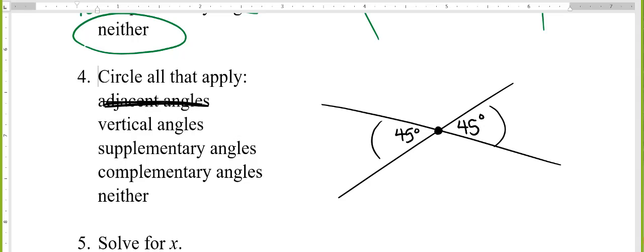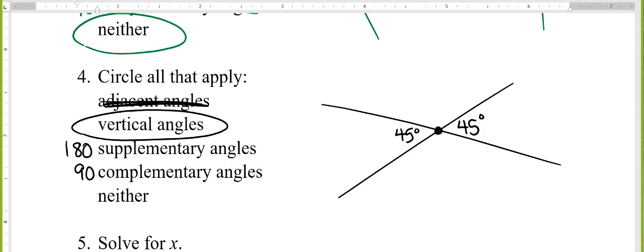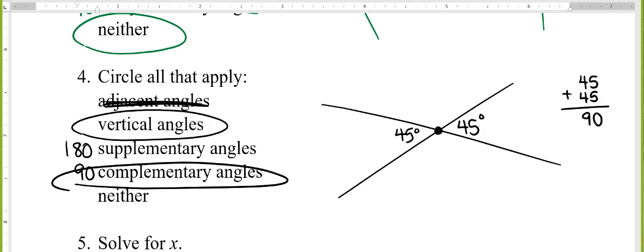Okay, supplementary adds up to 180. Complementary adds up to 90. What do these two angles add up to? 90. So they are what kind of angles? Complementary. Very good, complementary.